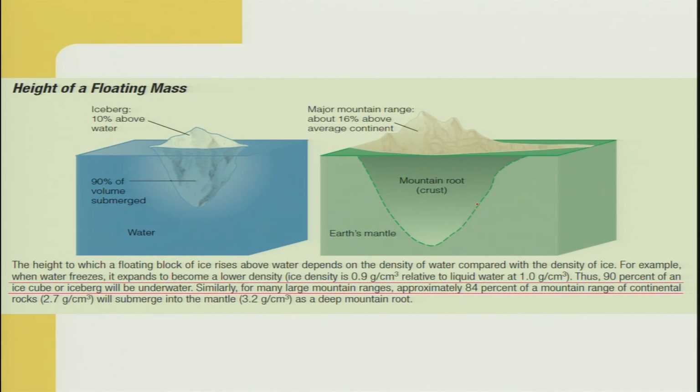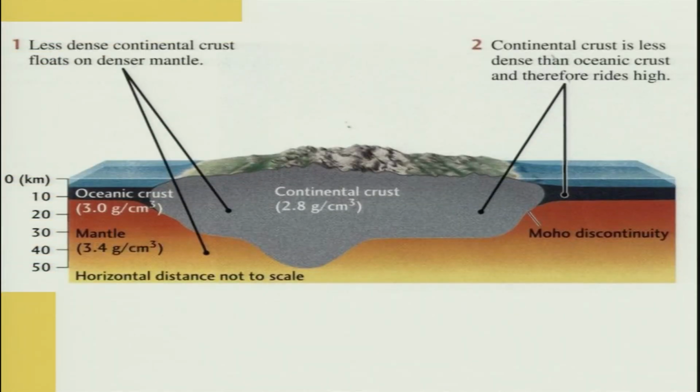So what we see as mountains on the surface must have a very deep root below. And this is what has been shown here, that you have an average of 2.7 or 2.8 as the density of the continental plates, the density of the mantle is around 3.2 or 3.4, and the oceanic is comparatively high, around 3 to 3.2 or more.